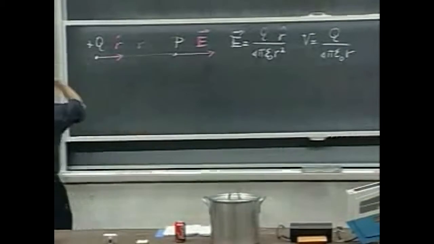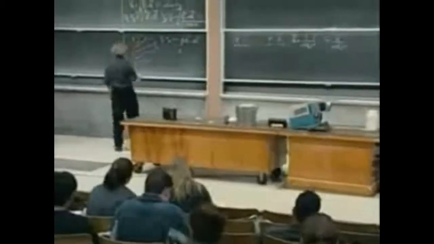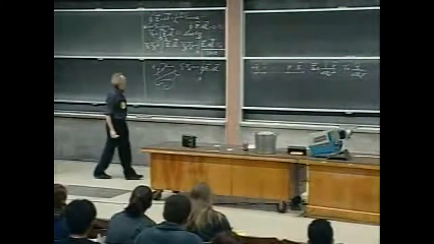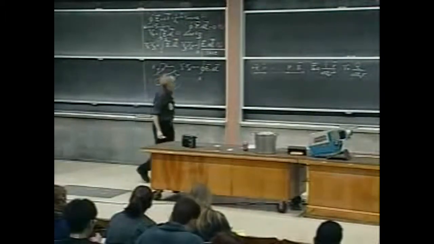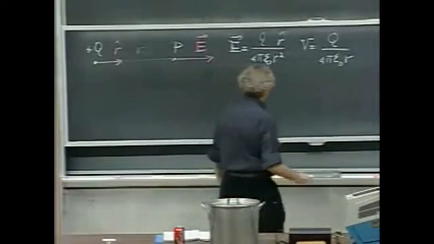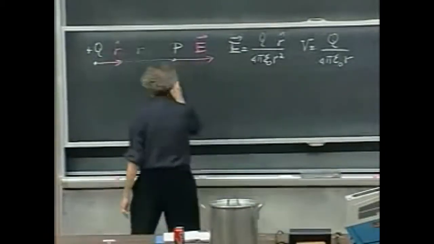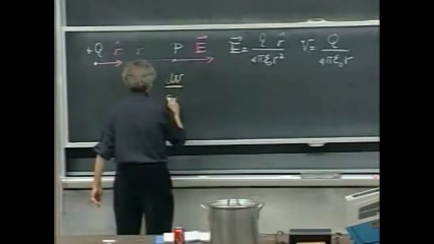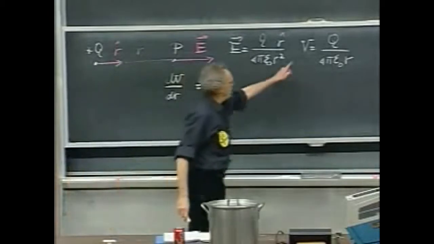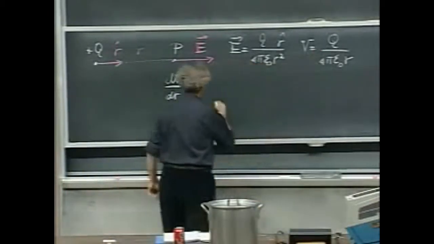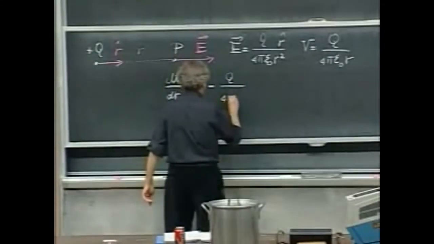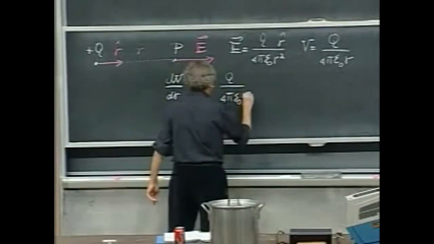So, the potential is the integral of the electric field along a line, and now I want to try whether the electric field can be written as the derivative of the potential. So let us take the dV/dr, and let's see what we get. If I take this dV/dr, I get a minus Q divided by 4 pi epsilon 0 r squared.